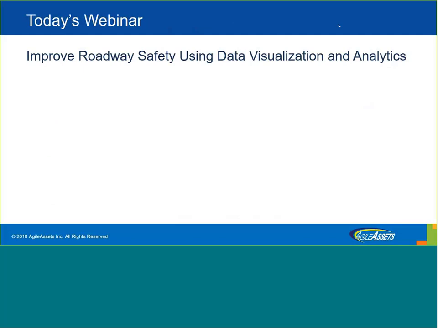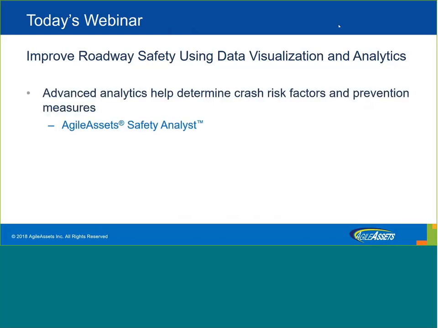We have a great presentation for you today as we discuss and show you how you can improve roadway safety in your organization through the use of safety management and visualization tools. Using the advanced analytics of AgileAssets Safety Analyst, those responsible for roadway safety gain a systematic way to identify crash locations, evaluate countermeasures, and assess economic impacts.